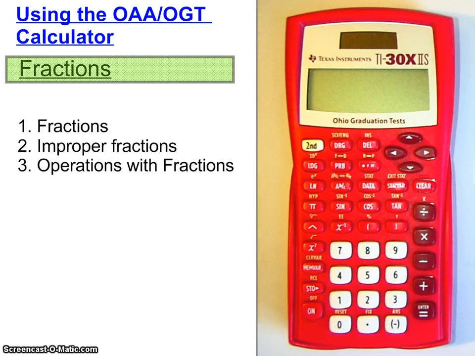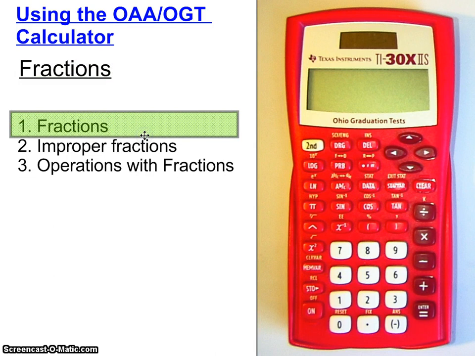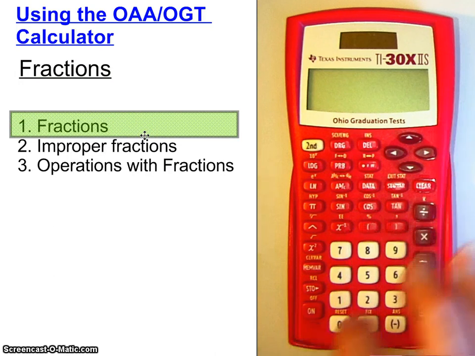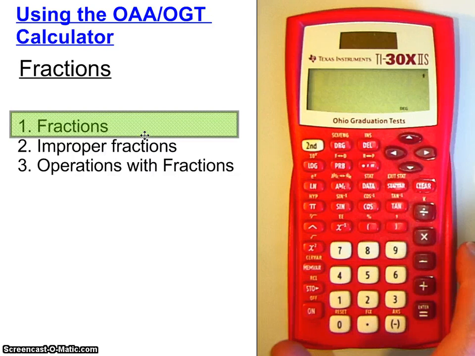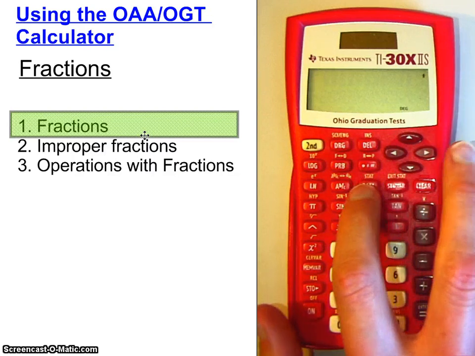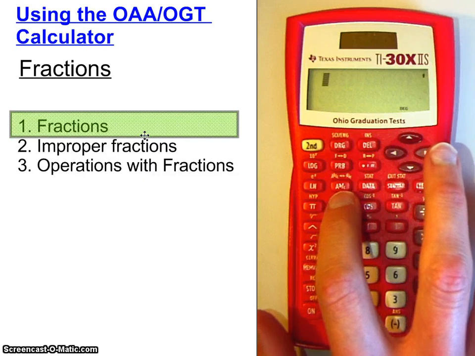So the first thing we are going to do is look at how you type in fractions on this calculator. Taking a look at this particular calculator, you want to turn it on, obviously, and then to type in a fraction, you are going to see a button right here. It has a big A and then a b/c. Well, that means b over c.